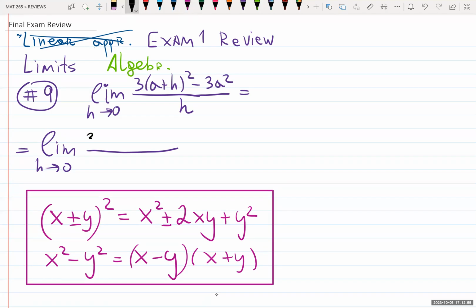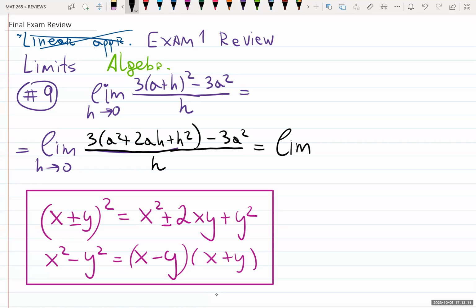In this case, we're just going to do 3a squared plus 6ah plus 3h squared minus 3a squared, divided by h. The goal is to get rid of the bad guy. And in this case, h equals 0 is the bad guy. So I hope that by simplifying a lot, the bad guy will get canceled out.